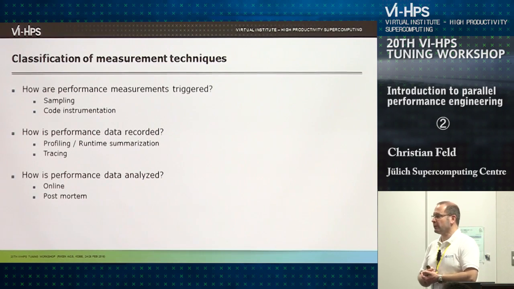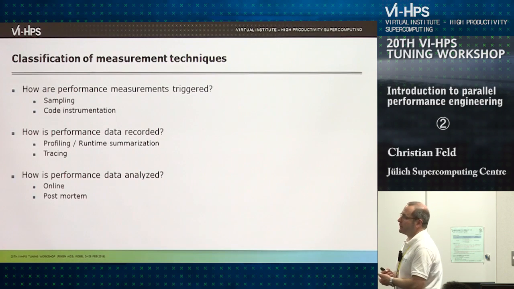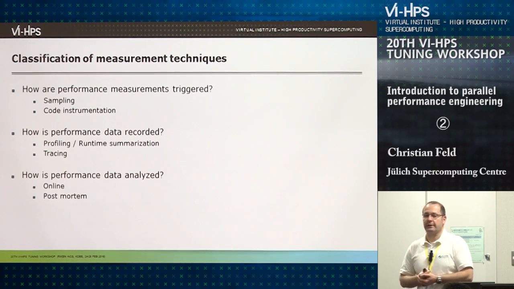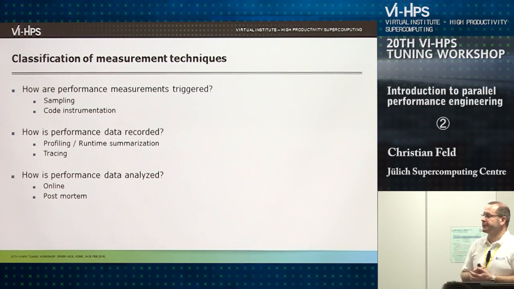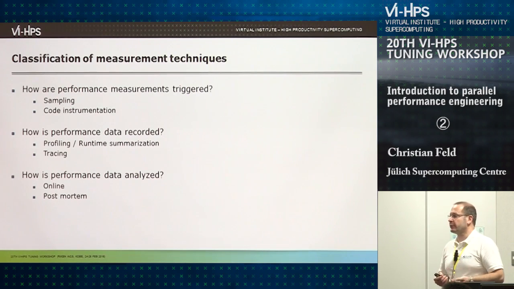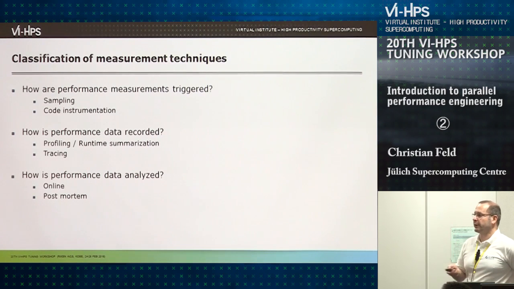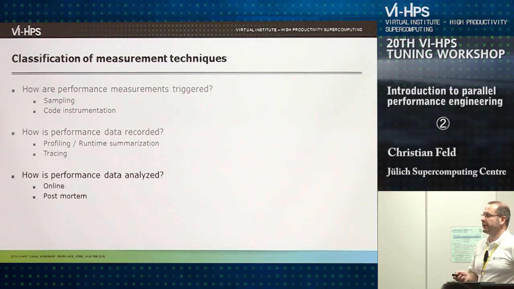Okay, so the last question here is, how is the performance data analyzed? There are also two options. You can do it online, so during the program run, or post-mortem, so when your application measurement run is finished.